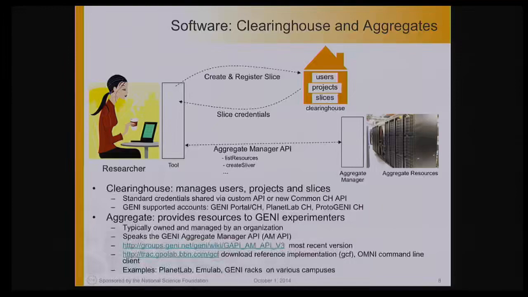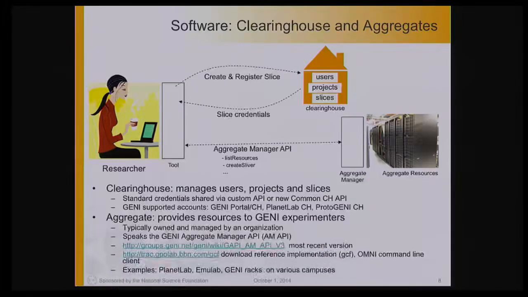So if you're sitting at your house or in your office, you can use the GENI interface, either the programmatic interface or the web interface, to create and register a slice, and that's where you're going to run your experiment.